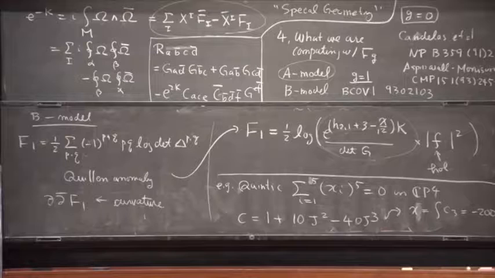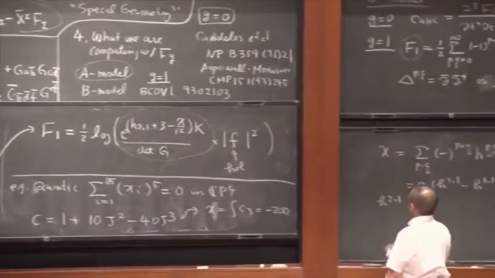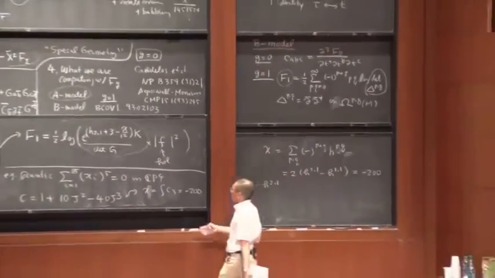But now, in the case of Calabi-Yau, where chi in general is the sum over pq of (minus 1)^(p plus q) h^pq, it turns out this is equal to twice of (h21 minus h11). And we know this answer is minus 200. But we also know in the case of the quintic what h21 is.